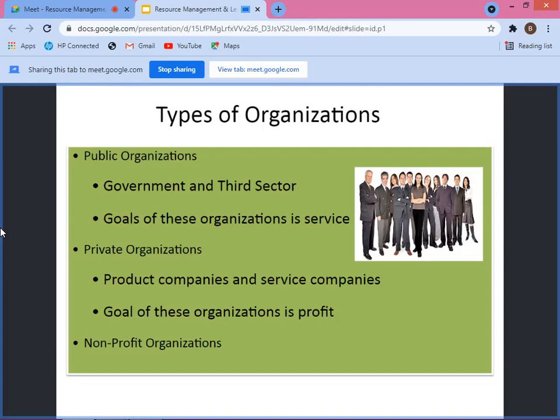Unlike the government, which has to show that they have the capability to provide excellent service to the people. That's the goal of the public organizations. But when it comes to private organizations, all they're after is the profit. They are profit-oriented organizations. Okay?